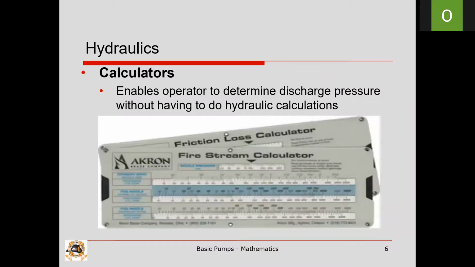So these calculators right here, if you guys looked, I swapped it around, but I don't want to lose you again, so I'm not. This is what I'm holding in my hand right now. These are really pretty cool. They're really good for figuring out flows and stuff like this. Are they going to be something that you're going to use on the fire ground?